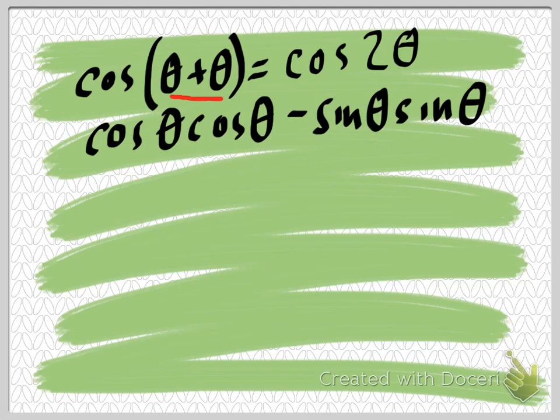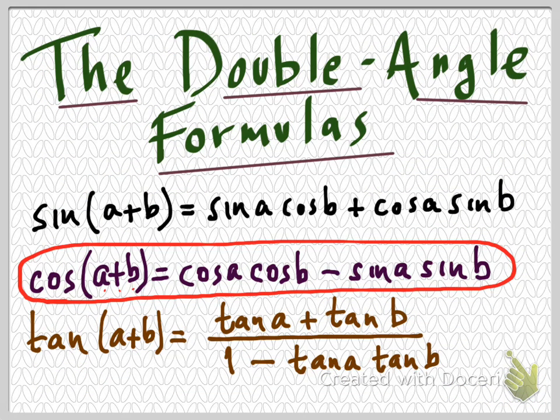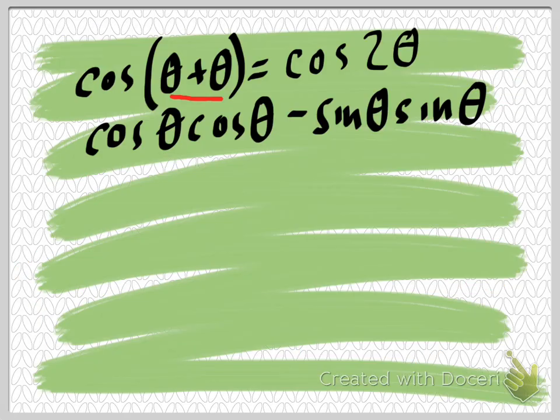If you went back and looked at these angle addition formulas and replaced A plus B in each one with theta plus theta, this is how we get to these double angle formulas. Let's look at it for cosine first. When you expand out the angle addition formula for cosine, you have cosine, cosine, sine, sine: cosine theta cosine theta minus sine theta sine theta.